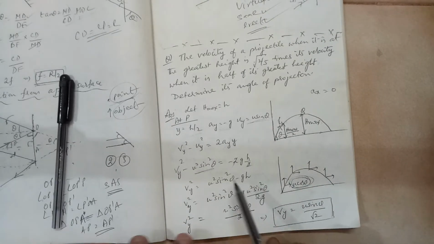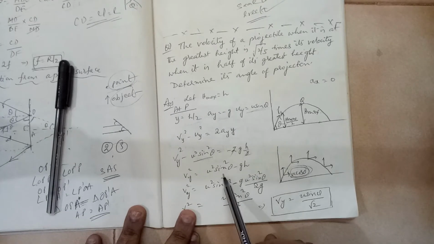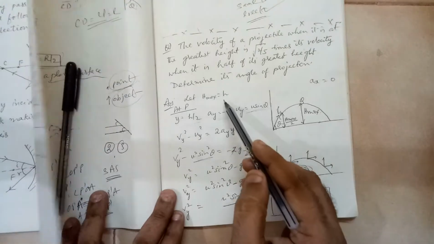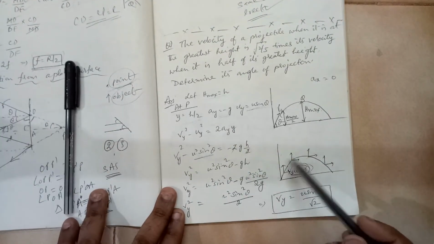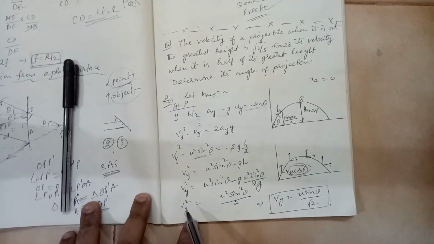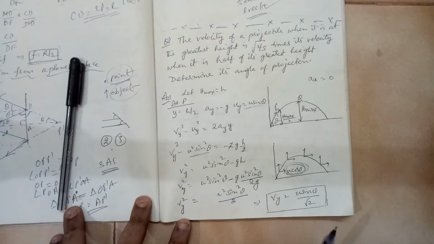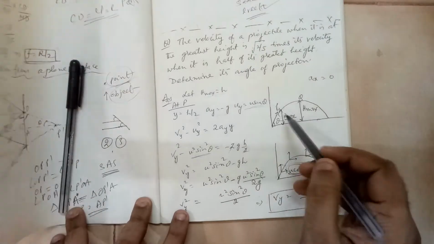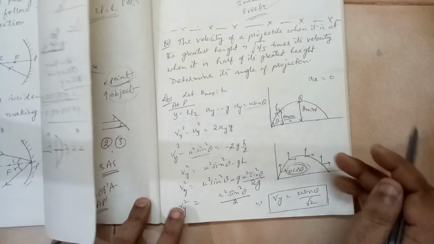Once you solve it, you get vy square is equal to u square sin square theta minus gh. What is this h? This h is equal to h max, and you know that it is u square sin square theta by 2g. Once you simplify, you get vy is equal to u sin theta by root over 2. So you have arrived at the velocity in the y direction at the P location.